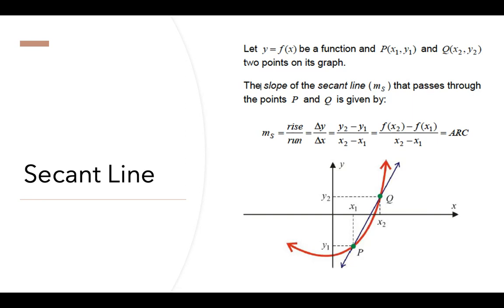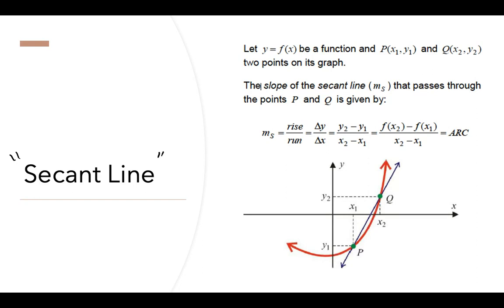Another way to represent average rate of change is a secant line. A secant line is defined as a line that passes through 2 points on either a curve or a line.